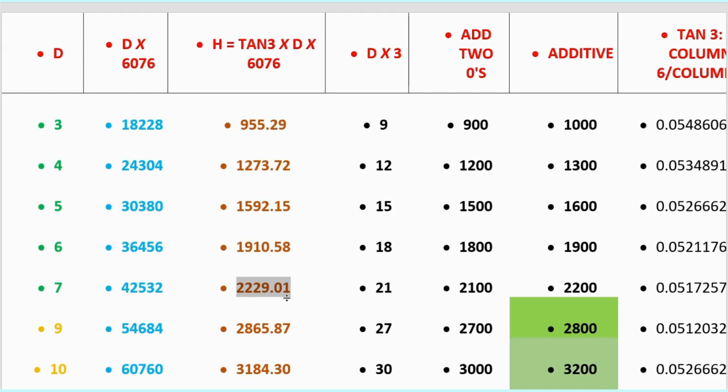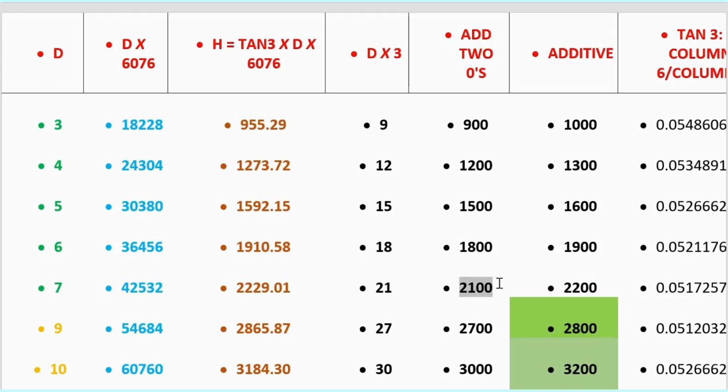That's a very exact, precise figure. However, if you do 7 times 3, there it is, that gives you 21, and then 21 add 2 zeros gives you 2100. However, if you see, this figure here is mostly 2200 rather than 2100, so we just add 100 here.